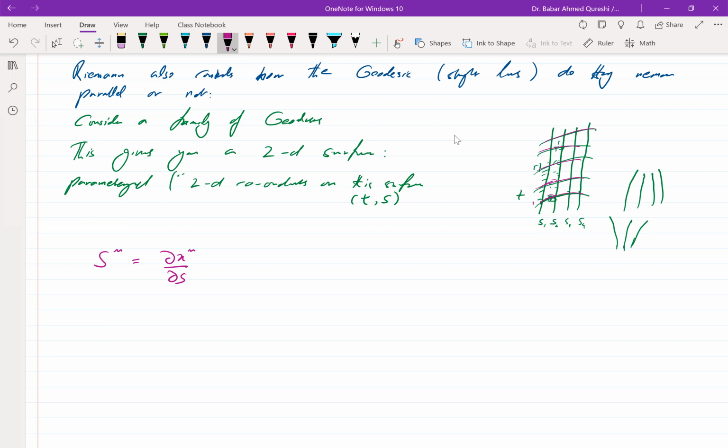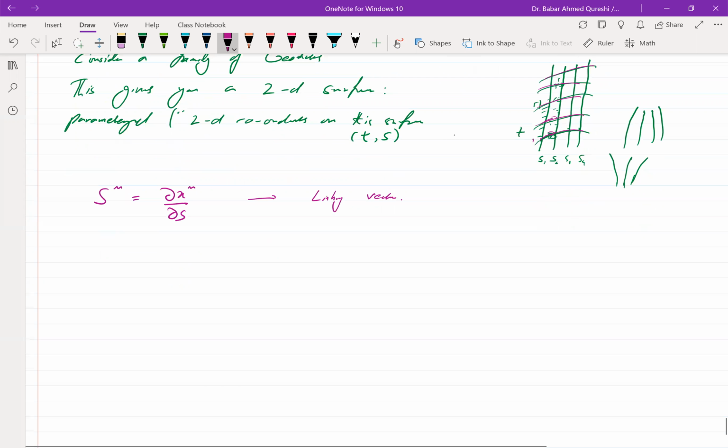So this vector, you can call it, I don't know, what should I call it, linking vector. It links one geodesic to the other.